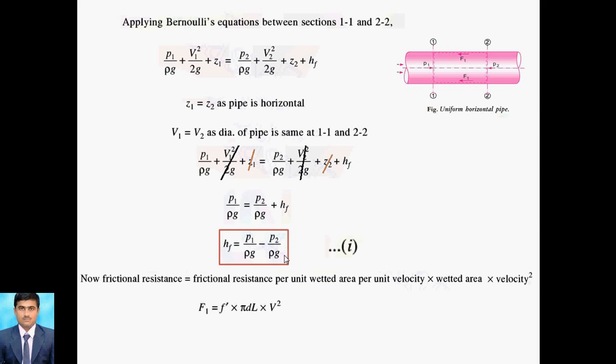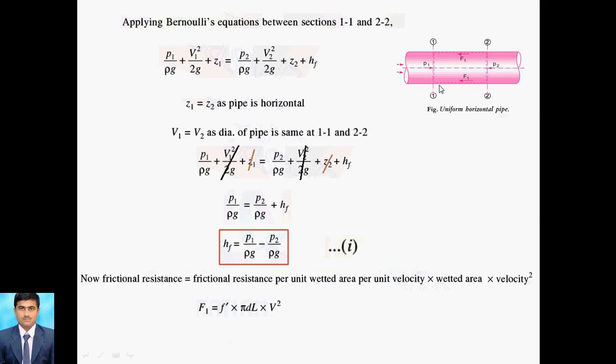Now we apply Froude's experiment, which suggested that the frictional resistance is proportional to the wetted area and the velocity square. So the frictional resistance per unit wetted area per unit velocity is f dash, into the wetted area, that is pi d l. Why do we consider the wetted area pi d l?